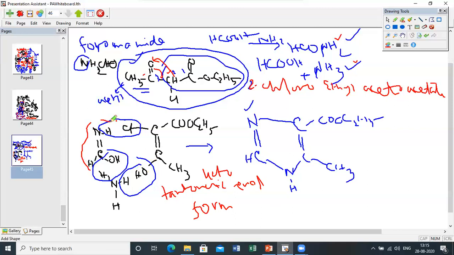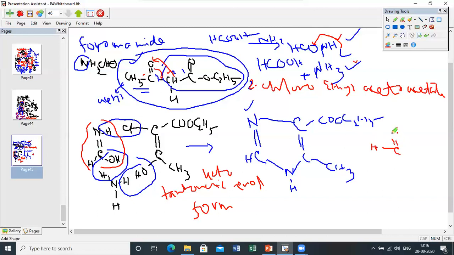Now this is the formamide. I have again made it in a tautomeric form. In formamide, you see, you have HCONH2, that is H C double bond O NH2. So what I have done, I have put one hydrogen in enolic form on this oxygen. You see, so it becomes COH.